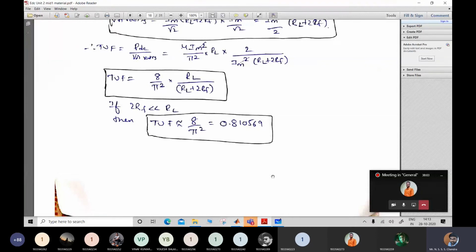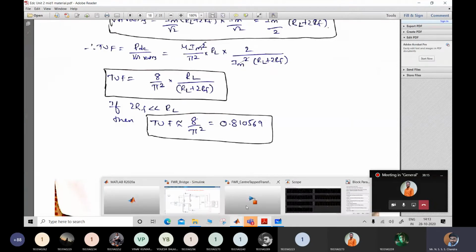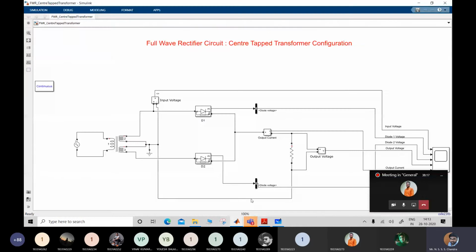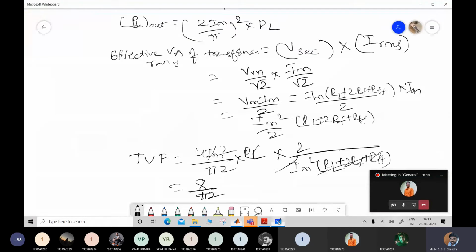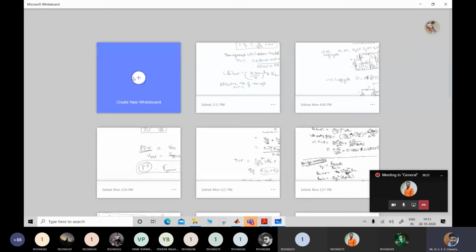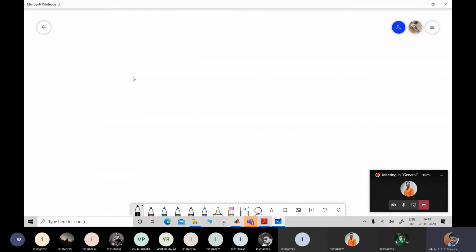Next we shall move on to the next topic, which is the full wave rectifier with center tap transformer configuration. First I'll draw the rough diagram on the whiteboard, then I'll move on to the topic. In the earlier diagram we used 4 diodes, right?